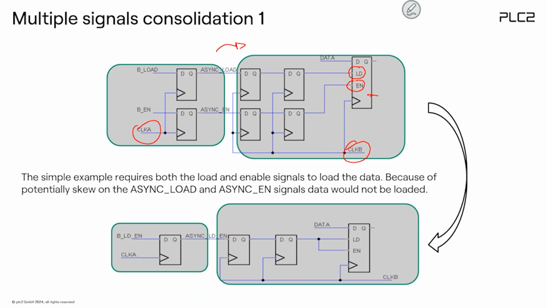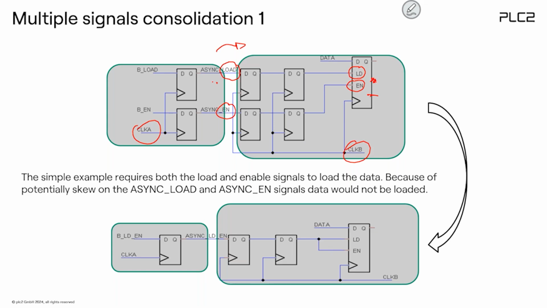Now we transfer the signal for the load and, in parallel, the signal for enable. The problem is that these two signals, load and enable, must have a relationship to each other, because otherwise the counter will never work. For example, first the enable, then the load, or something like this.